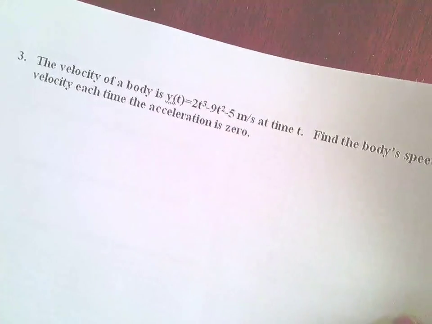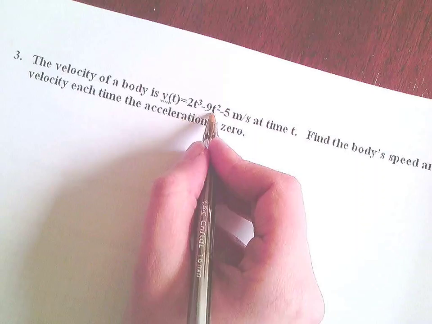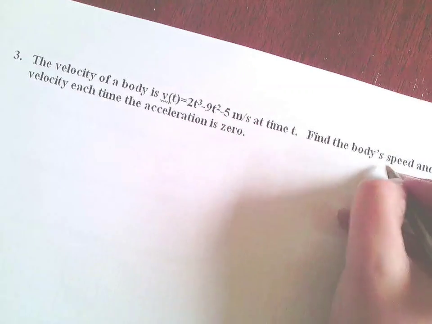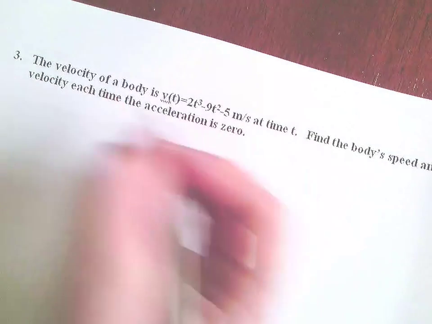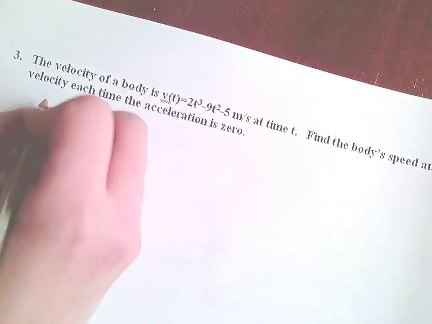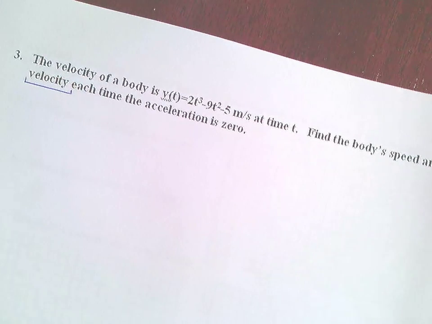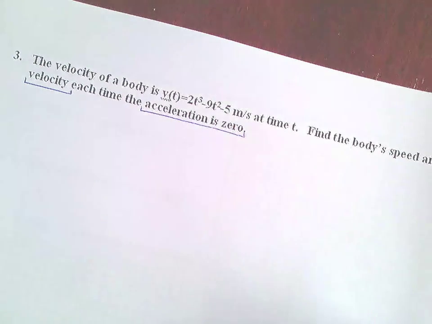The velocity of a body is v of t equals 2t cubed minus 9t squared minus 5 meters per second at a time t. Find the body's speed and velocity each time the acceleration is 0. So I'm going to start off by finding the velocity when acceleration is 0.